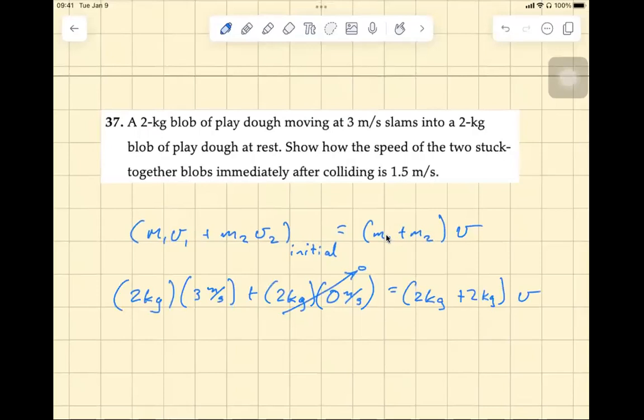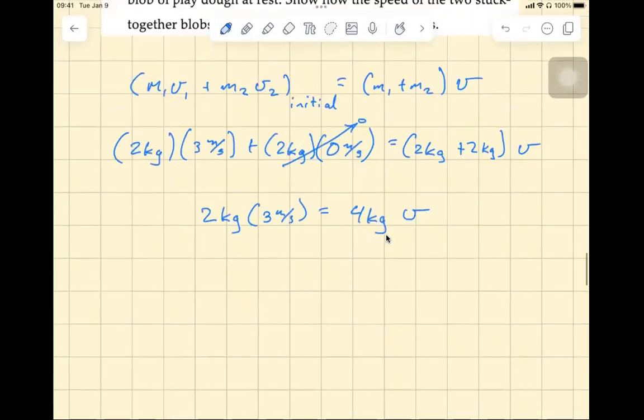Okay. So that ends up 2 kilograms times 3 meters per second equals 4 kilograms times V. And now we need to find V. Well, to find V, we divide both sides by 4 kilograms.